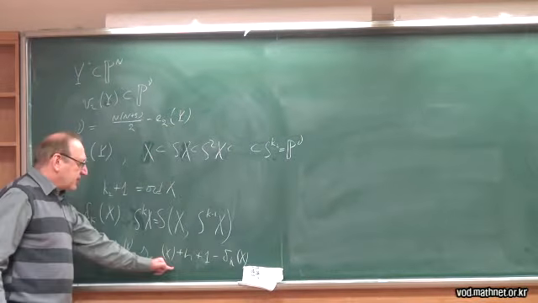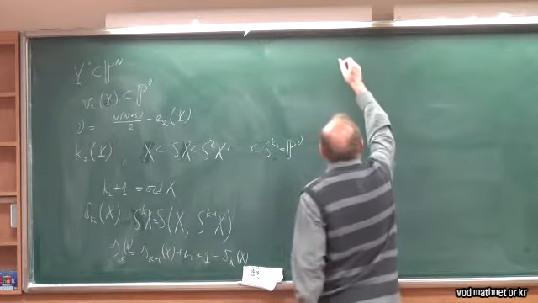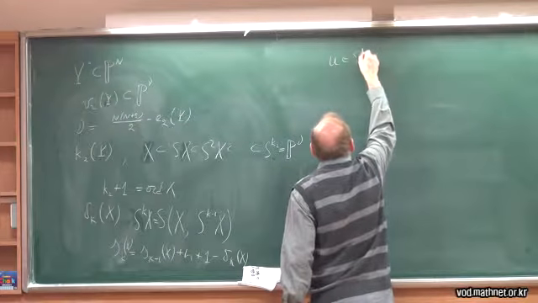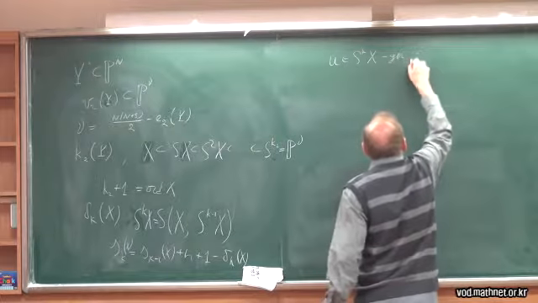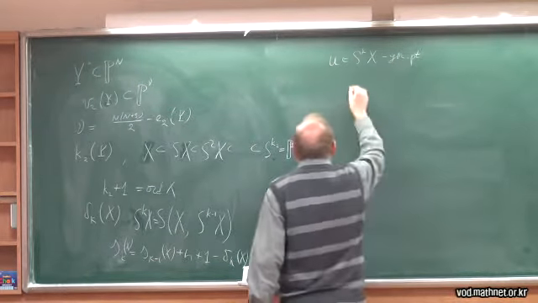And there was another interpretation of delta, which is as follows. We take a general point u of this variety, and we consider its entry locus.